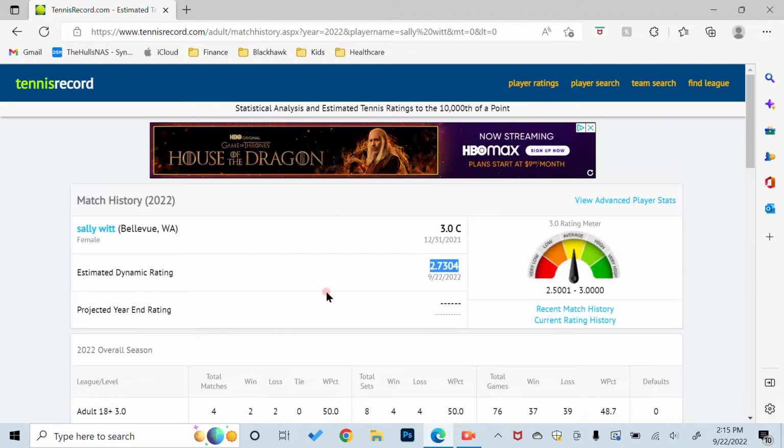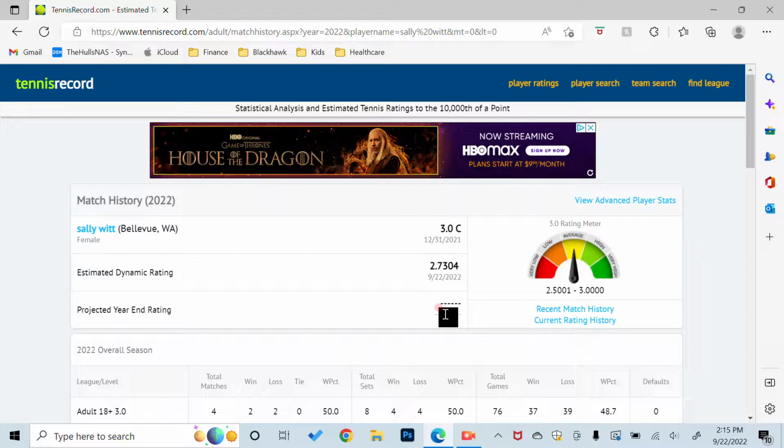Okay. And then really quickly, taking a look at the projected end of year rating. One thing: tennis record is not a very good projection of who will or will not be moving up. It is completely separate from USTA and NTRP ratings.